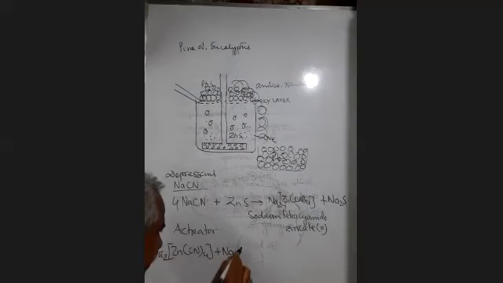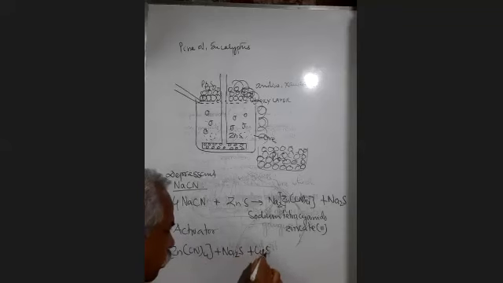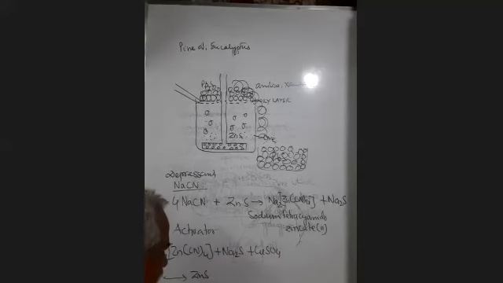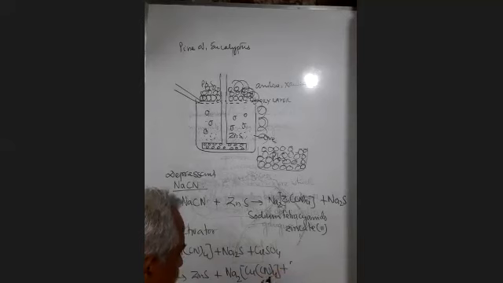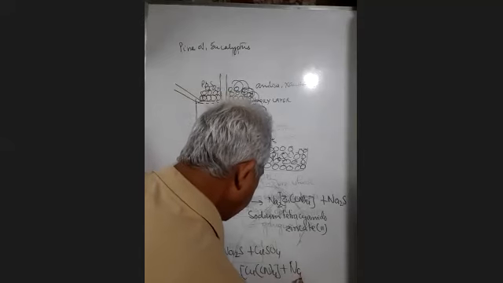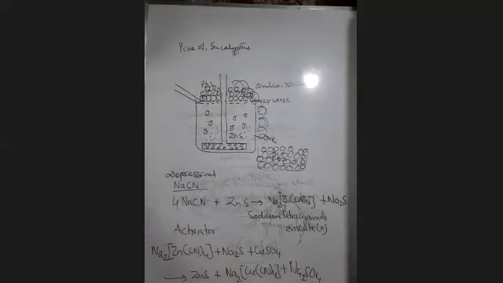See, the solution contains this sodium tetracyanidozincate, sodium sulfide, and to that we have used copper sulfate. Now what is going to happen here? You'll find it will give you zinc sulfide. It will give you Na2Cu(CN)4, and you'll get here sodium sulfate. See, it has now become free.